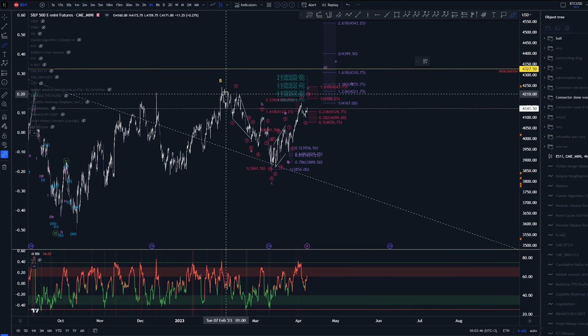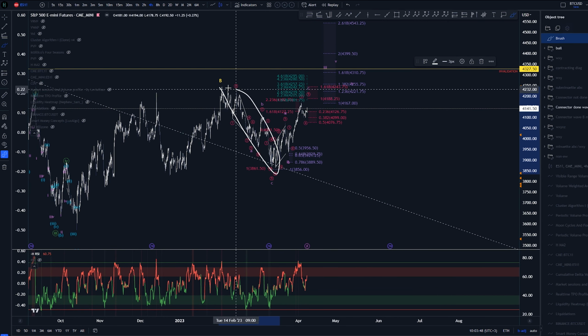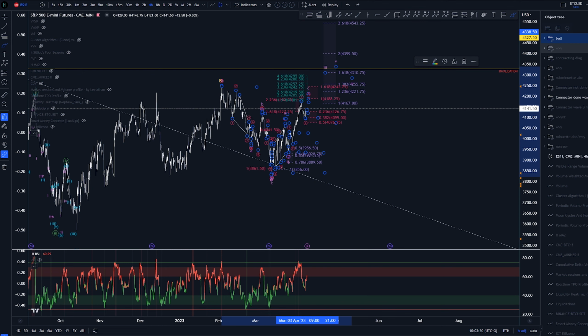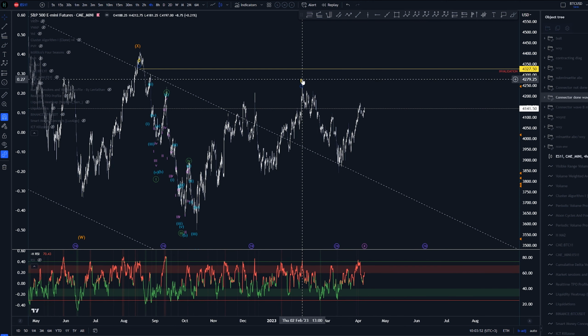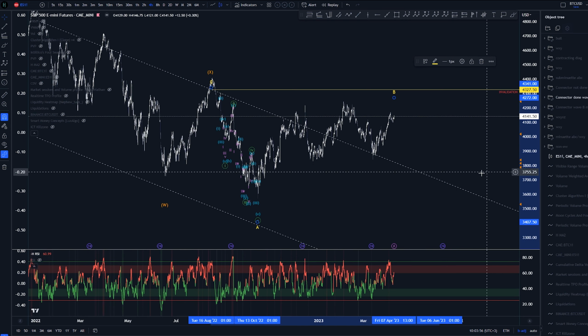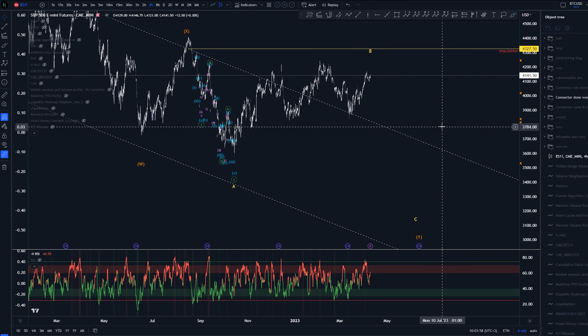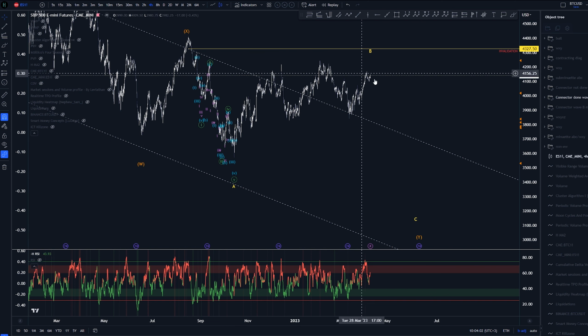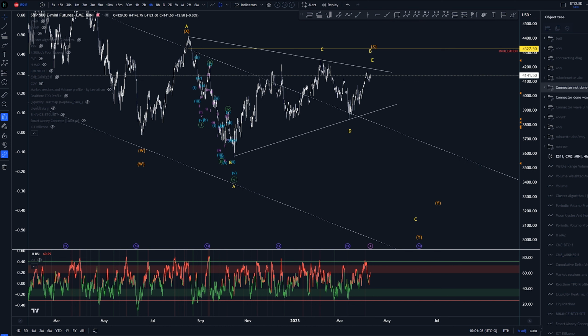Again, we can't really make a good looking 5-way structure in here anyway, so the higher degree idea that this is a B wave is kind of shifting, in my opinion, to these forwards. So if we don't take out these highs and start moving downwards, I would not really look into this count, but instead I would be more likely looking into this triangle.